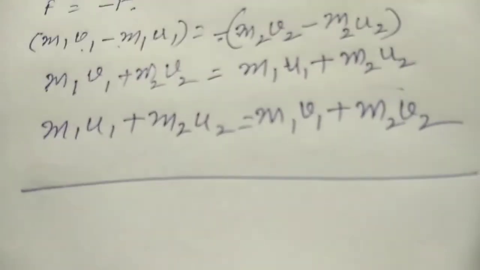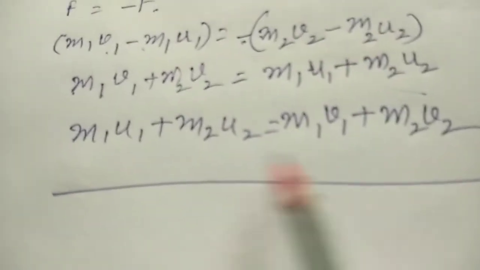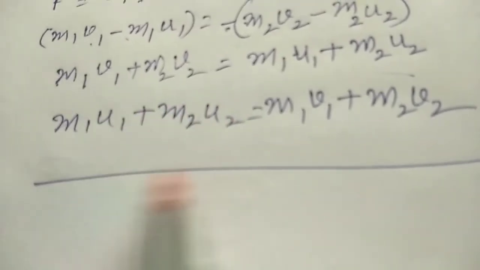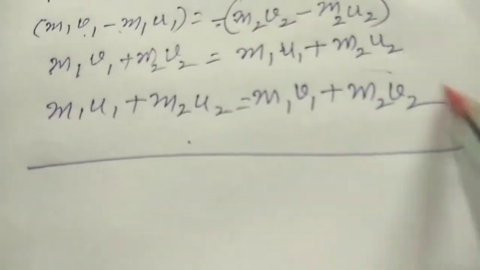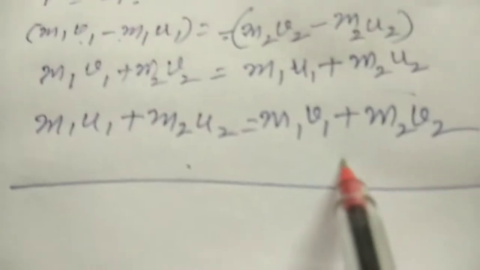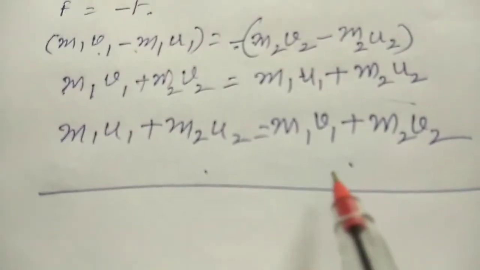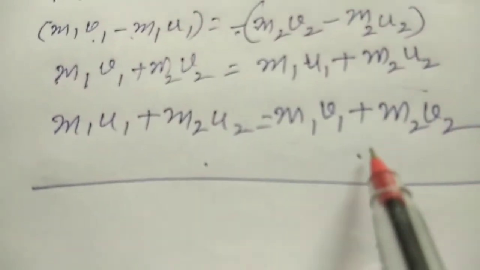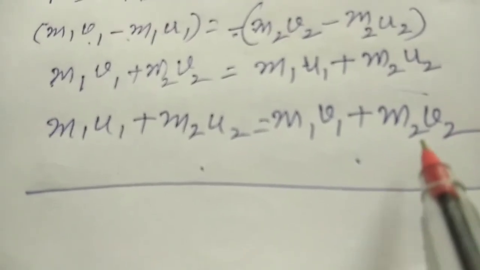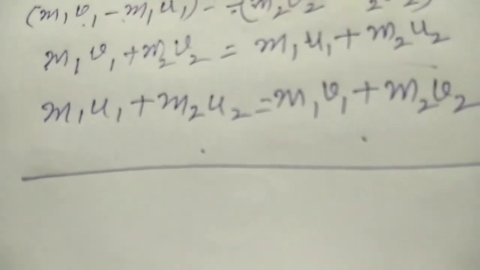Now changing the terms, m1 u1 plus m2 u2 is equal to m1 v1 plus m2 v2. This is called total momentum before collision is equal to total momentum after collision. This is nothing but the conservation of momentum. That means total momentum will be conserved in a system.